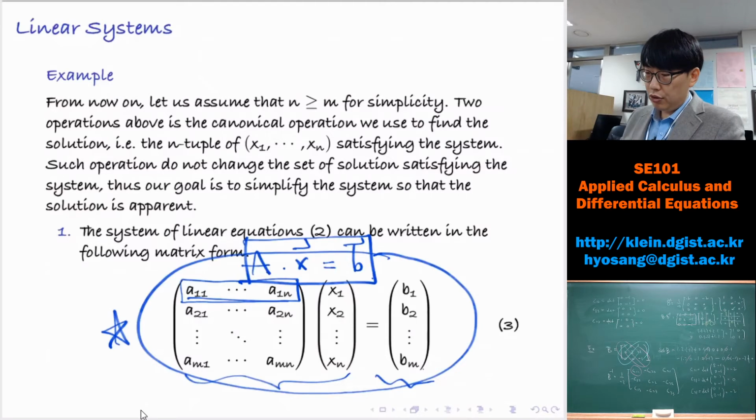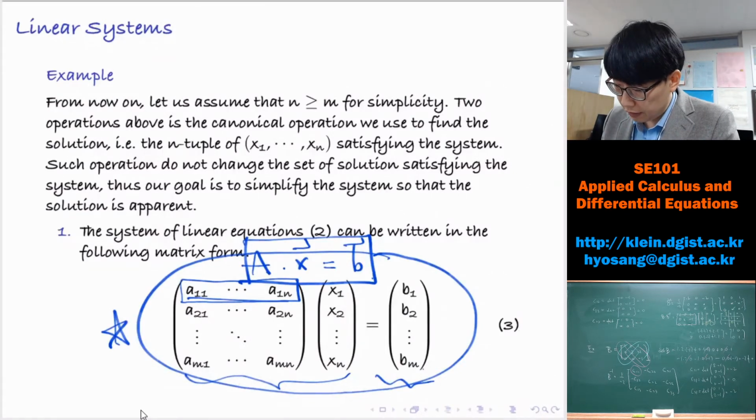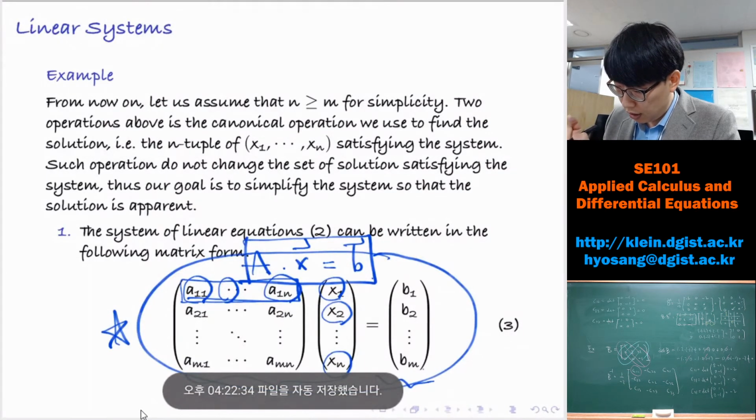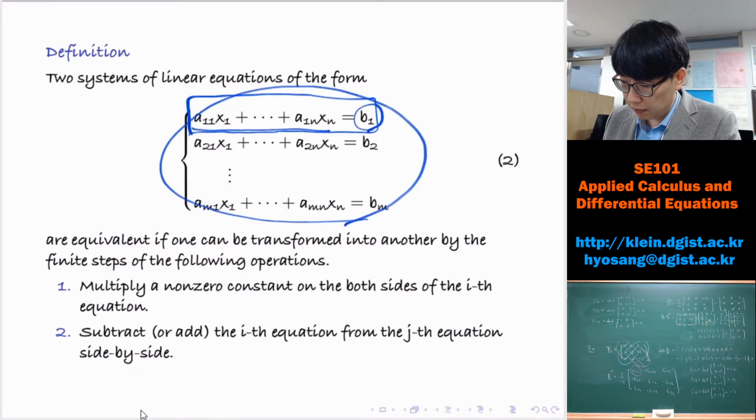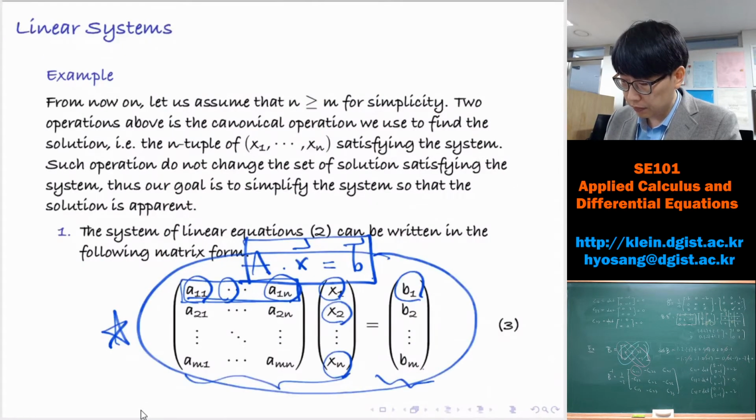So the first entry of the matrix on the left is A11 times x1 plus A12 times x2 until A1n times xn. And that entry is equal to the first entry of the second matrix, which is B1. So that's the first equation in the system. And the same goes for the other equations.